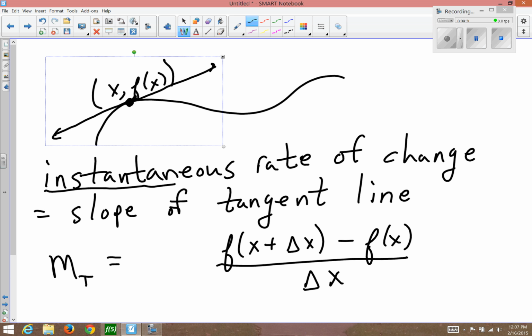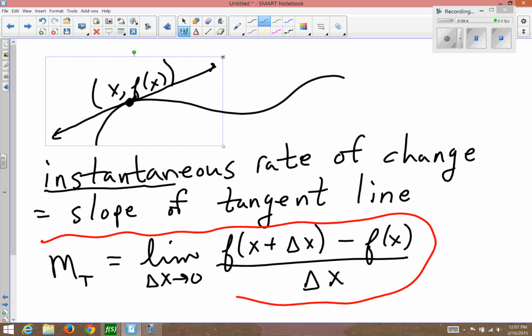So just where I said leave a space, we're going to write the limit as delta x approaches 0. And this is a really important definition. It's the definition for the slope of the tangent line. It's also the definition for instantaneous rate of change.